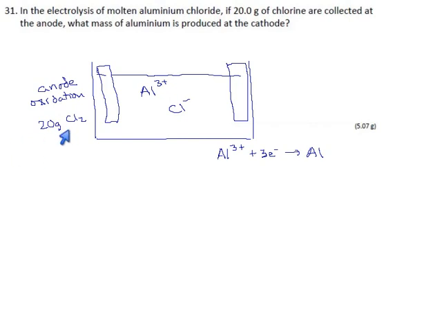If we have 20 grams of chlorine, the only point of having grams is to get moles. Mass divided by molar mass is 20 grams divided by 70.90 grams per mole. So we get 0.28.